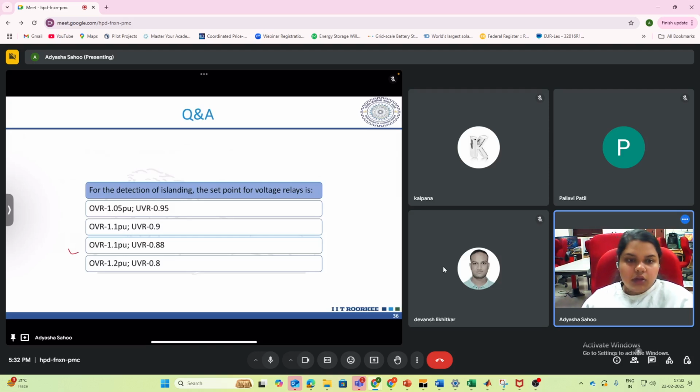That is, if the level of over voltage is more than 1.1 per unit, and if the under voltage is less than 0.88 per unit, then the relay will trip.